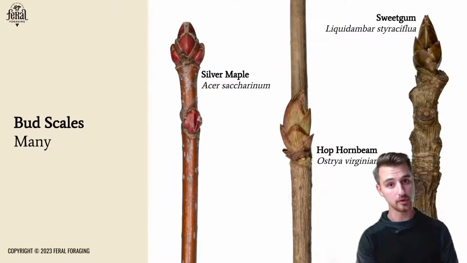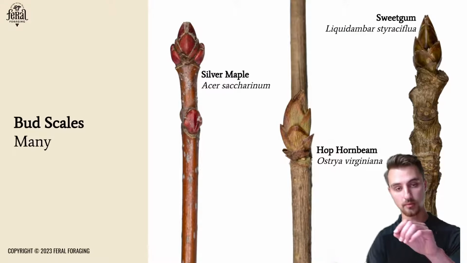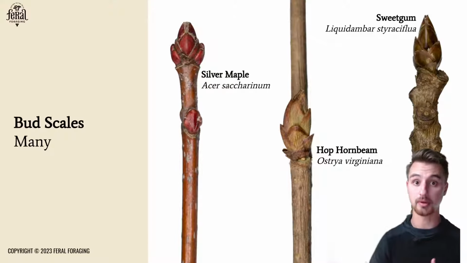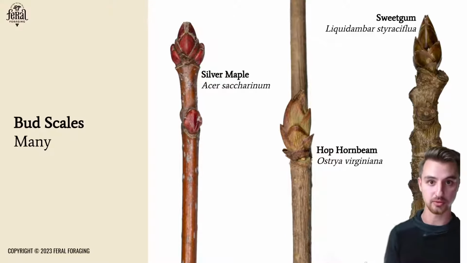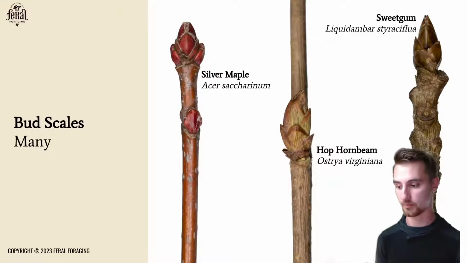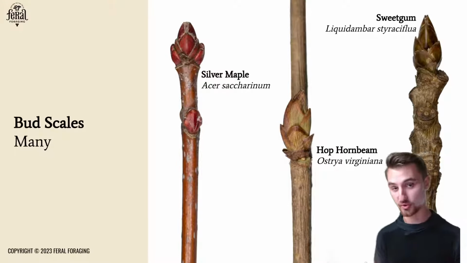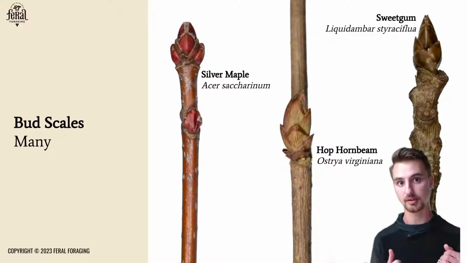And again, the reason why we want to know these things is because you're going to encounter them on the key. It's going to ask you how many scales the bud has. And when you hit that question, you need to be able to answer it correctly, because if it had 3 or more bud scales and you said it had 1, you would be going down a path that would not lead you to the identity of the species that you have.